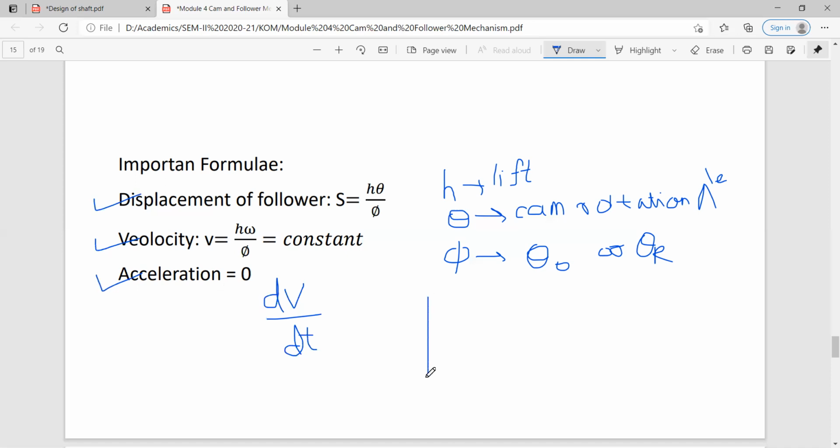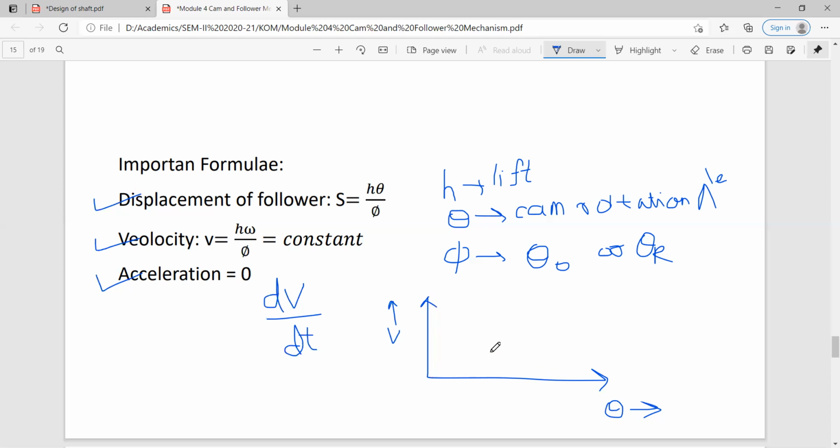So what will be the velocity diagram? In the displacement diagram, the displacement of the follower is on the y-axis. So in the velocity diagram, on the y-axis there will be the velocity of the follower, and on the x-axis as usual the cam rotation angle theta. As the cam is rotating, how the velocity is changing with respect to theta. This is called the velocity time diagram or velocity angle diagram.